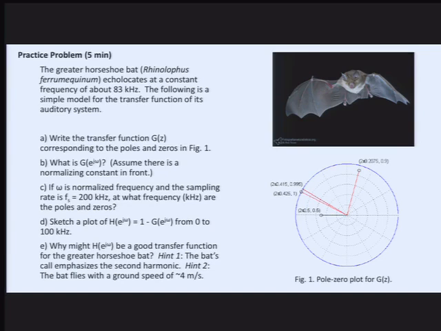All right. So the zeros are at 41.5 and 85 and 100 kilohertz. And the one pole is at 83 kilohertz.